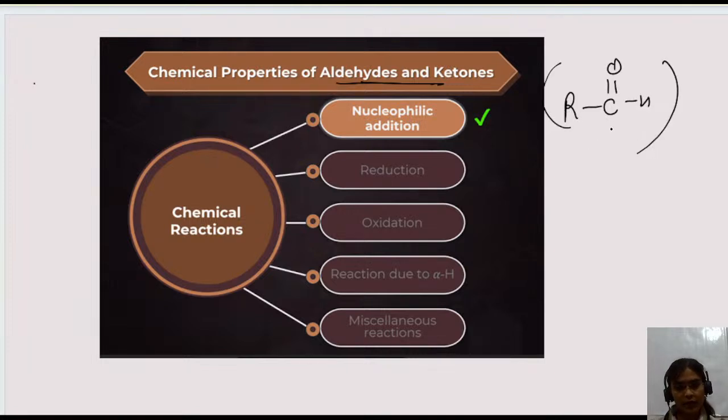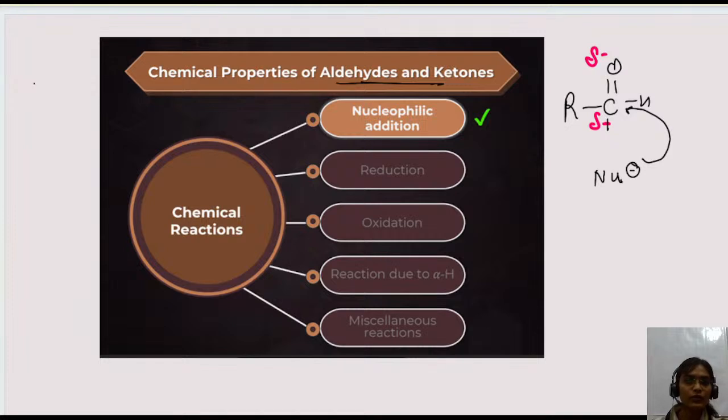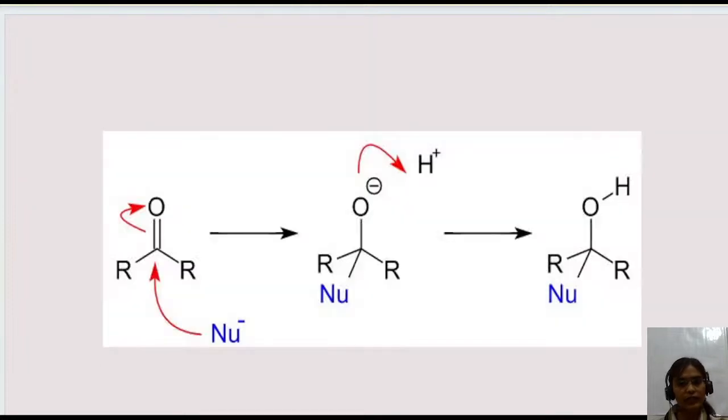In this case the oxygen has a partial negative charge and the carbon has a partial positive charge. So the nucleophile is definitely going to attack this carbon, because it is positively charged. It means this carbon is an electrophilic center, and that's why the nucleophile attacks here.